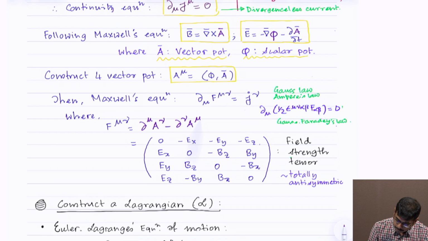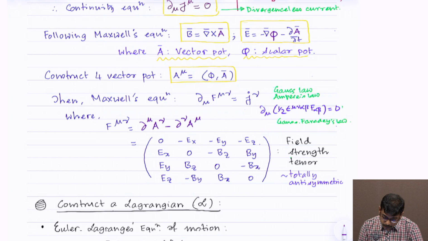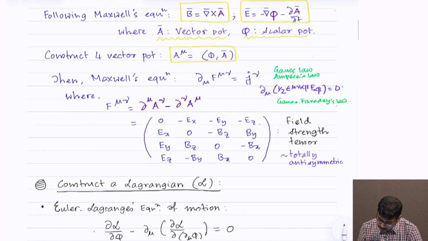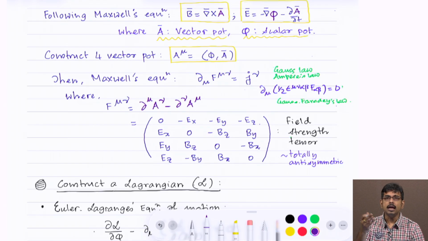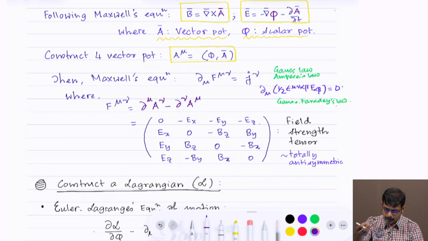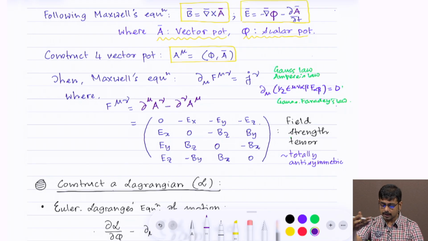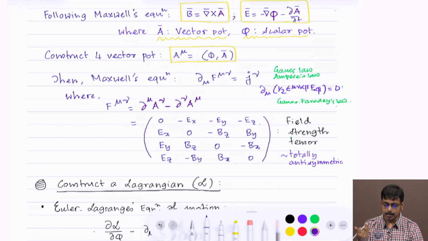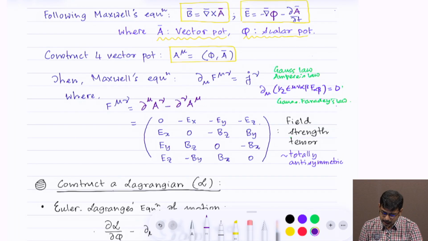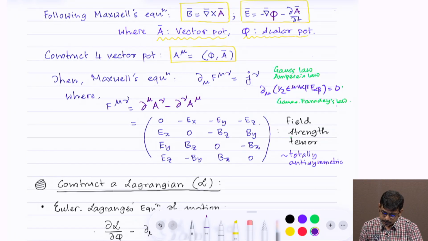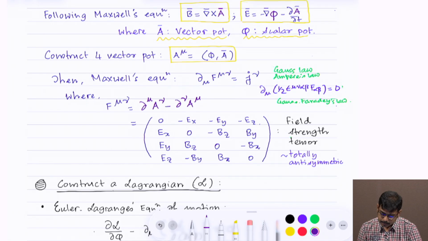So, this is what F mu nu is, and if you want to write it component wise, definitely A has phi and a vector A, which in turn can be written in terms of electric and magnetic fields E and B. If you write it down as a 4 cross 4 matrix, you will see that this is like 0, minus Ex, minus Ey, minus Ez, Ex, Ey, Ez, and so on.